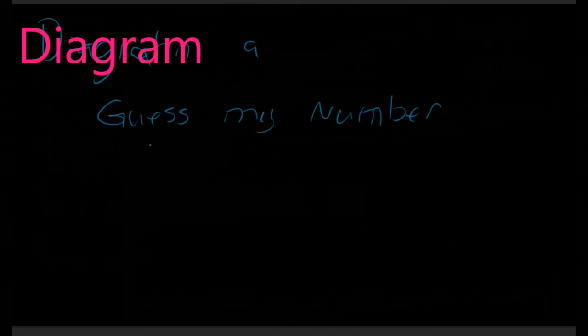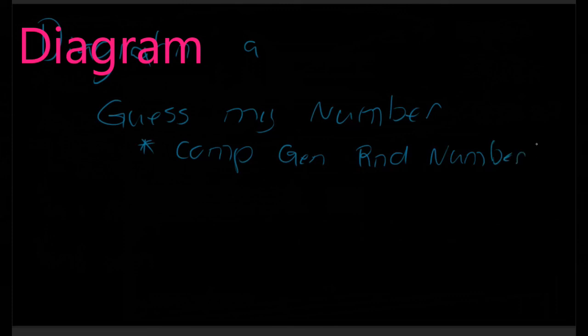So here's your points. The comp will generate a RND number between 1 and whatever you want. Okay? So it's going to generate a random number.